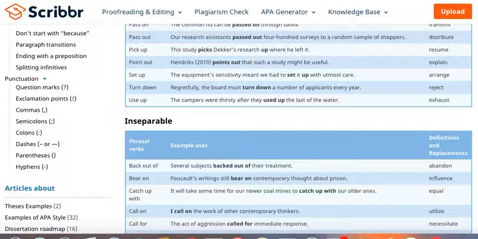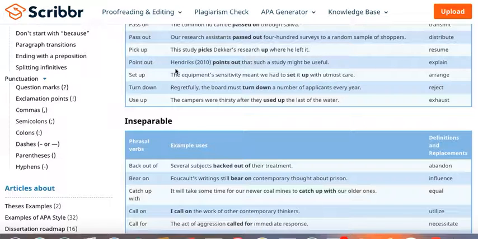Our research assistants passed out 400 surveys to a random sample of shoppers. Passed out means distribute. Pick up. This study picks Decker's research up where he left it. Picks up. One word, resume.